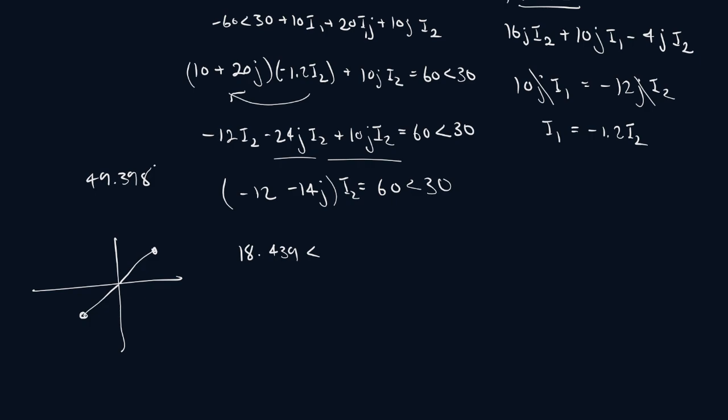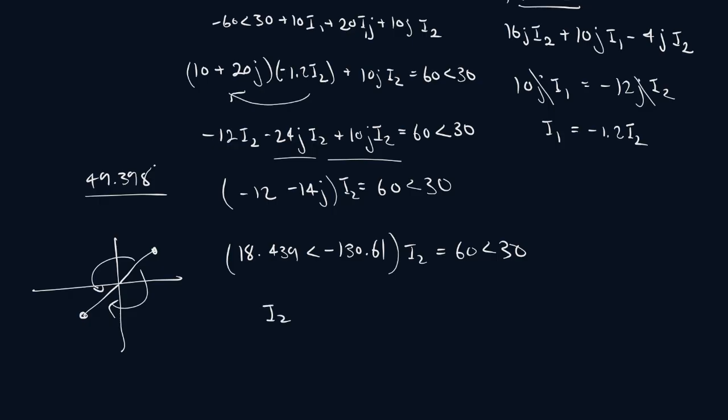So we will have to either add 180 or subtract 180. I'm going to subtract 180, and I'm going to get minus 130.61 degrees. That's what I'm going to work with, and that's equal to 60 phasor 30.